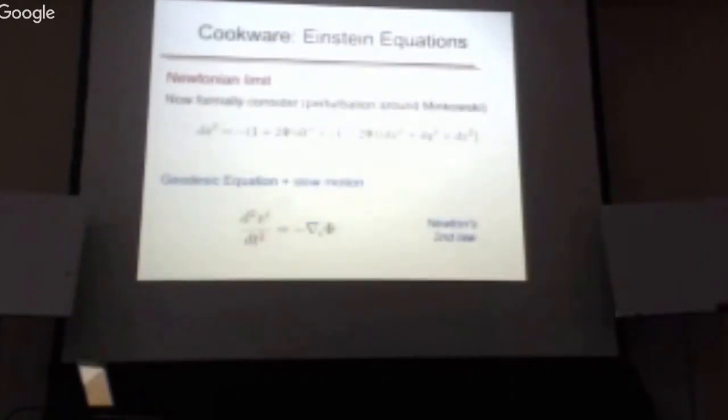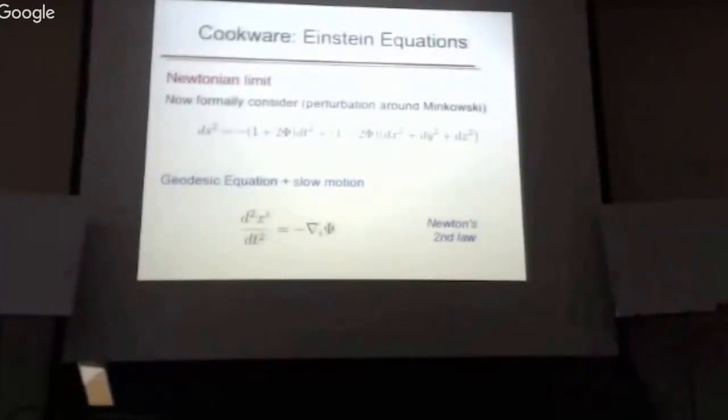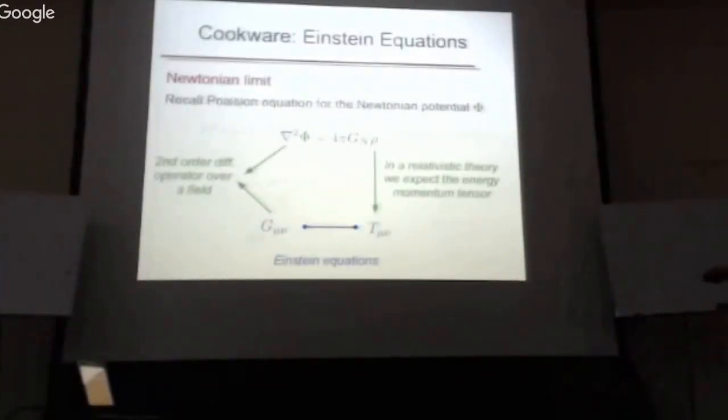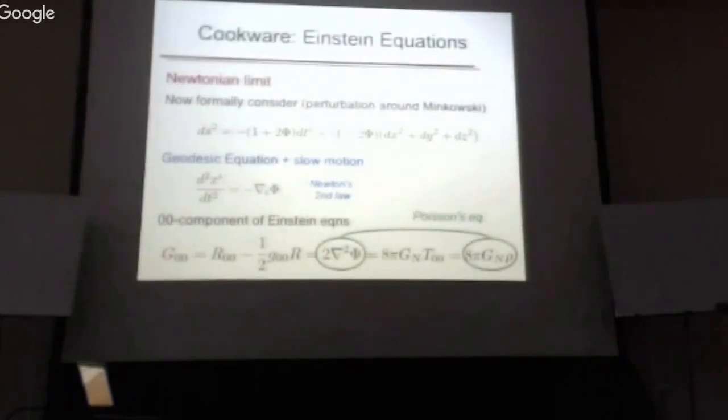So to do it formally, what you do is you take Minkowski's metric, so it's -1 plus 1 in dx, dy, and dz, and then take another function, which is in the dt component and the dx, dy, and dz, and it's this phi. So you just take this particular metric, put it into your Einstein equations here, and what you get is the following.